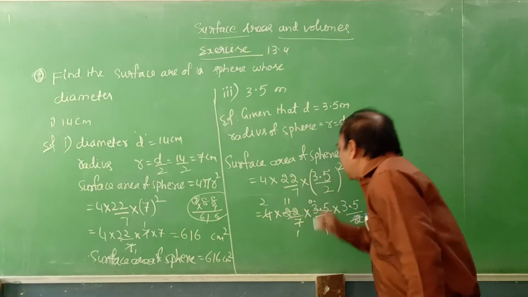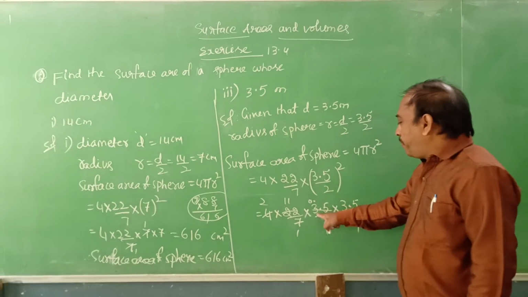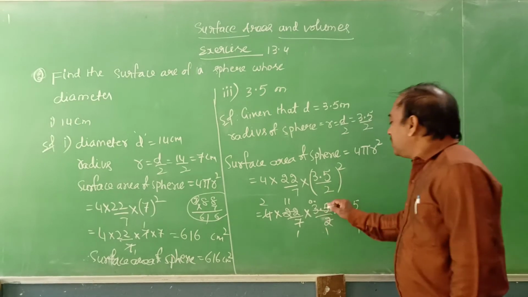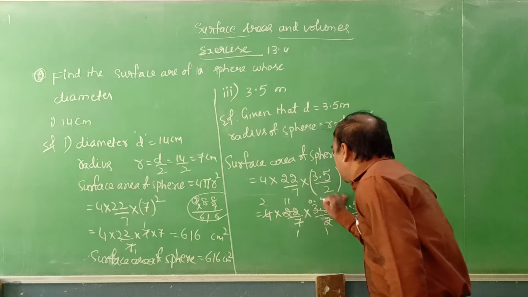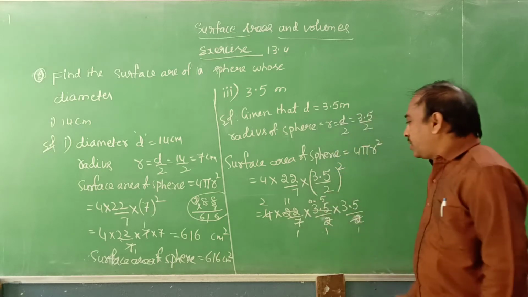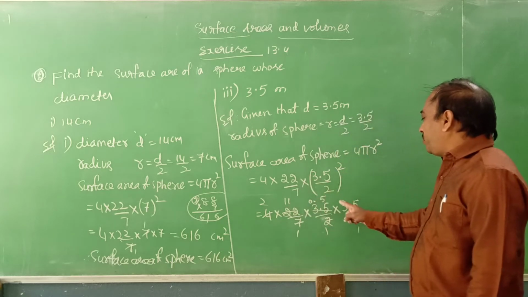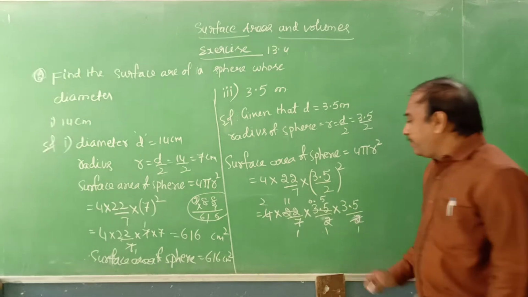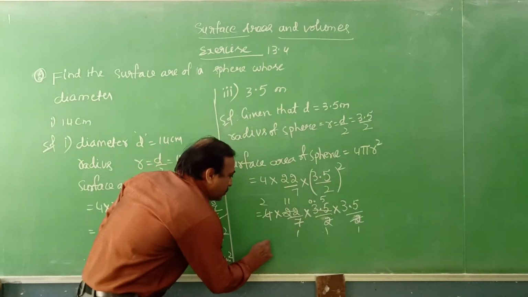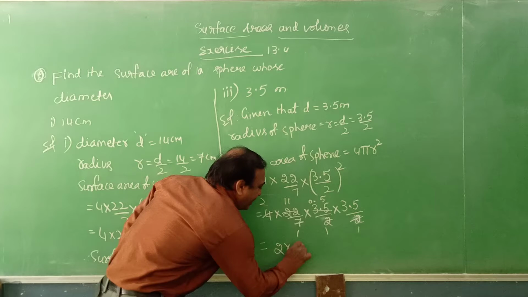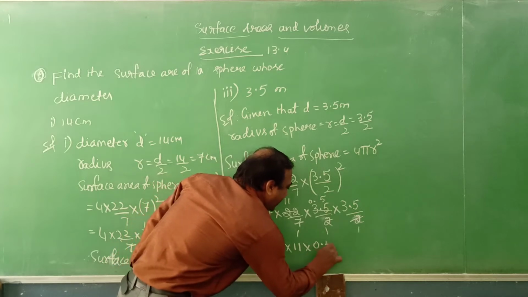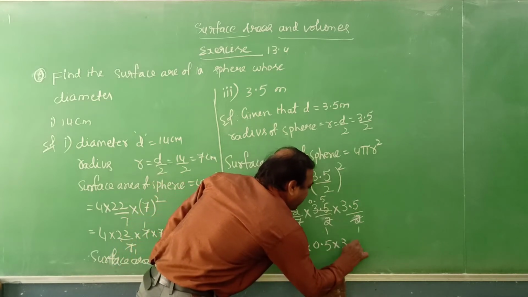7 zeros are 0, and so 0.35, that is 35. 7 5s are 35. What do we have now? 2 into 11 into 0.5 into 3.5.